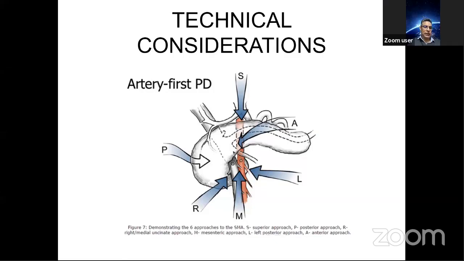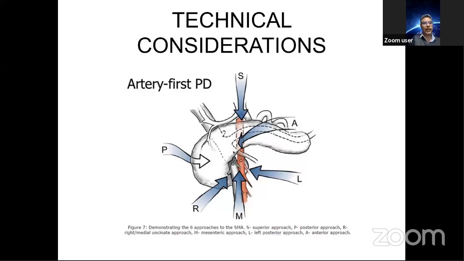Right. So one of the special circumstances that you just mentioned is that you have an aberrant right hepatic artery or a replaced right hepatic artery, and it is coursing through the tumor. So by definition, this will be borderline resectable. And if you detect it beforehand, it will be prudent that we pre-treat this patient with chemotherapy or chemoradiation, whichever you prefer.